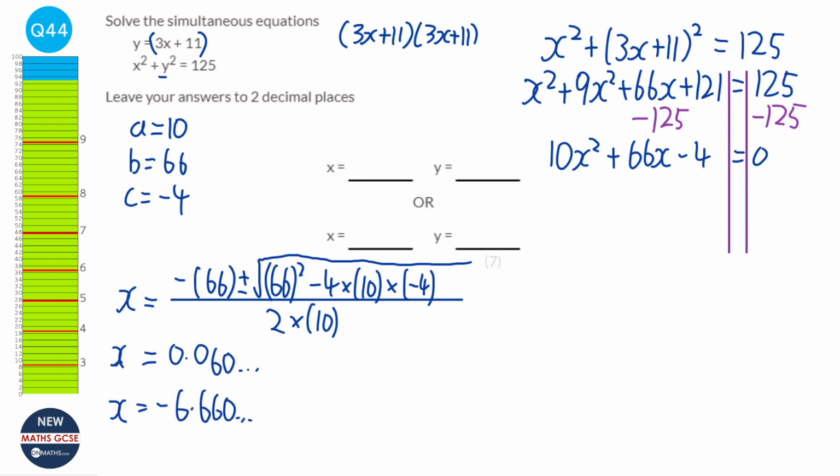Now you might think, how are we going to find out what the y's are? Well, if x is 0.06 and so on, we've got an equation here that says to find y, we multiply the x by 3 and add 11.